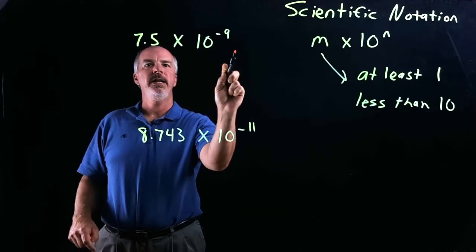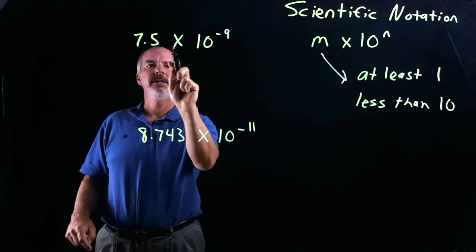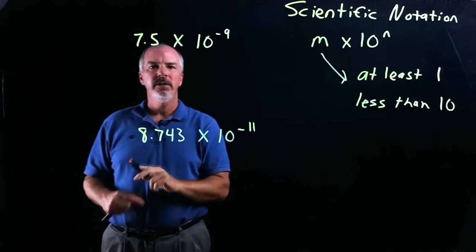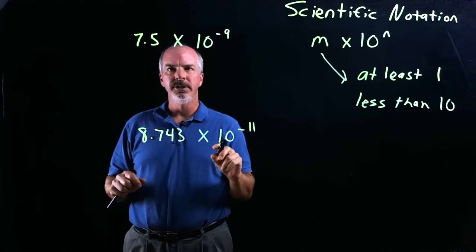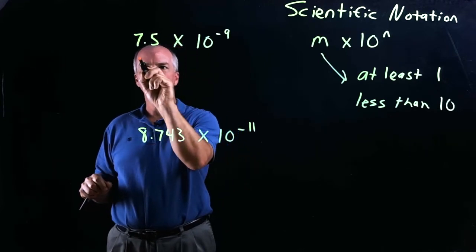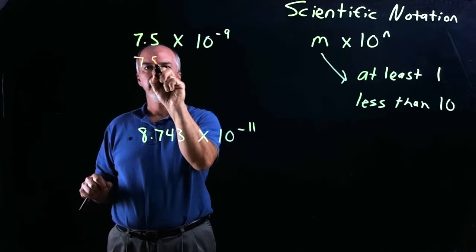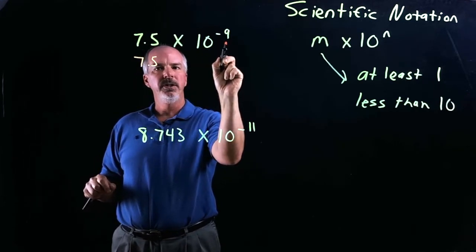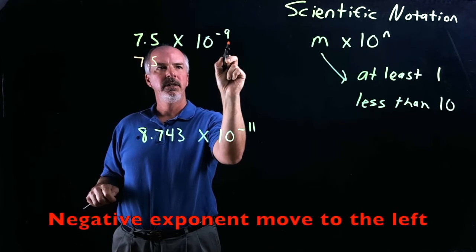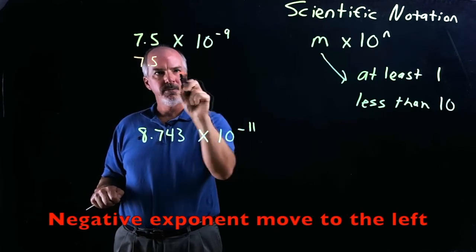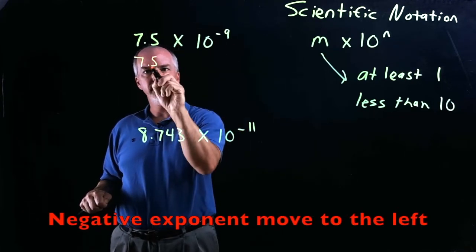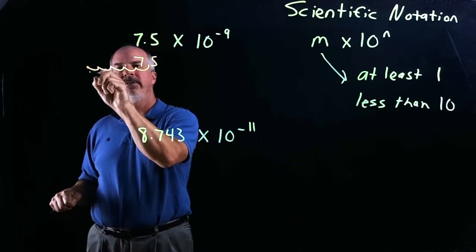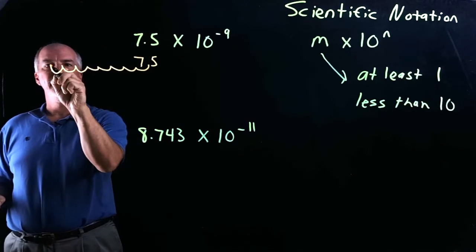Okay, now let's do some with negative exponents. So in scientific notation, we have 7.5 times 10 to the negative 9. All right, so we want to convert that into standard notation. So we'll start out with 7.5. Now, again, if we go into the negative 9, we're going to become smaller, so it's going to have to move 9 places. 1, 2, 3, 4, 5, 6, 7, 8, 9.